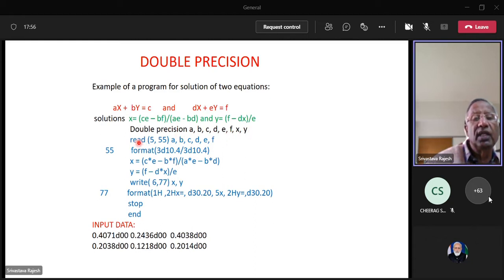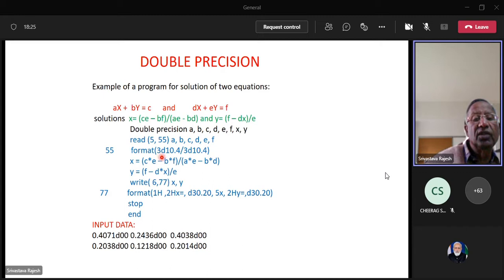Now I am reading the variables A, B, C, D, E, F because these are not known; only X, Y are to be found. So in the two equations, I have to read all these A, B, C, D, E, F. So I give a format. Read from unit 5 as per the format, statement number 55.